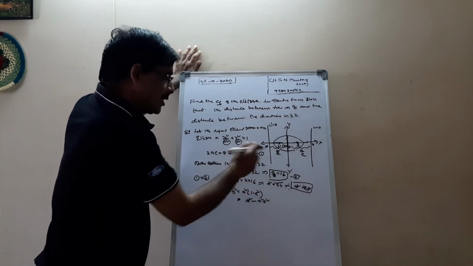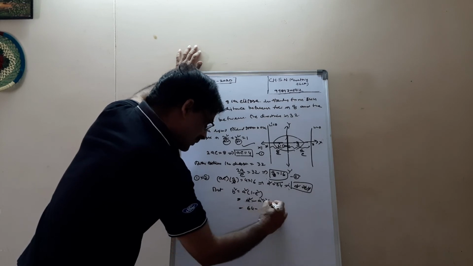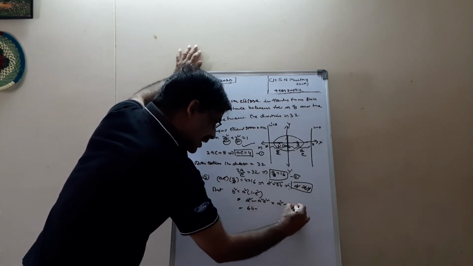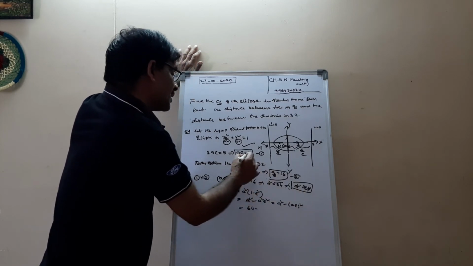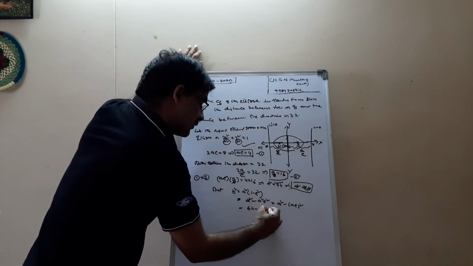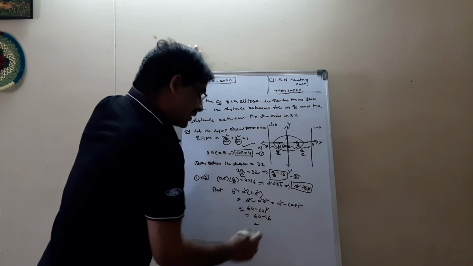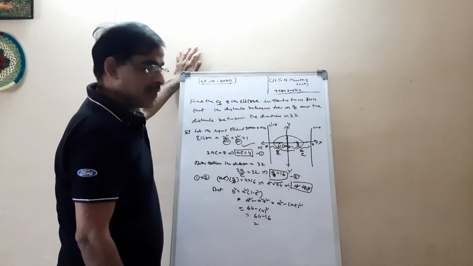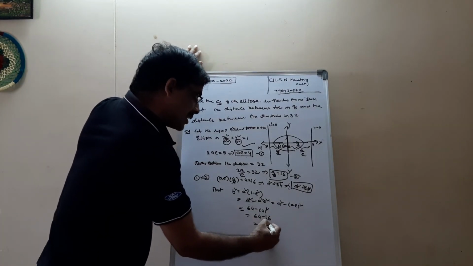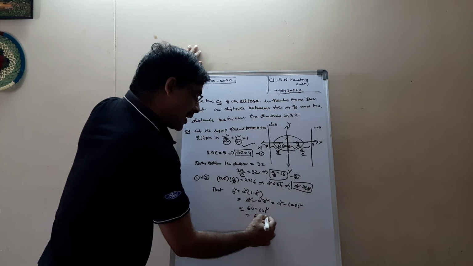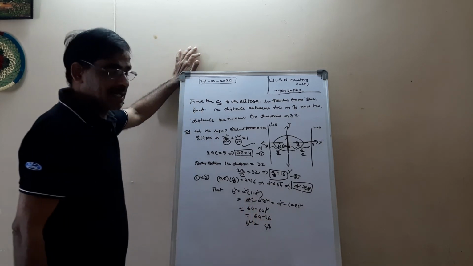Because we have the ae value, that's why it is a square, 64, minus ae whole square. Where is ae? We have 4 square, equal to 64 minus 16. The difference between 64 and 16 is 48. So b square equal to 48.